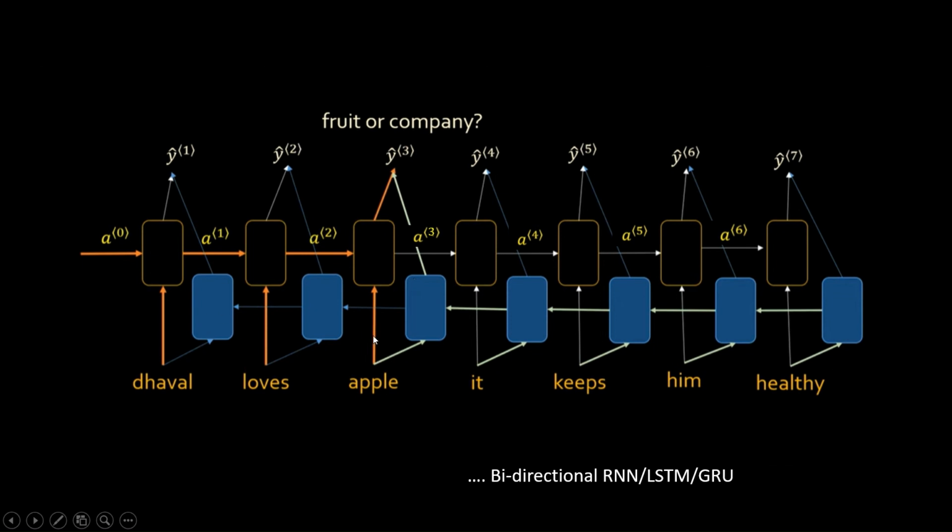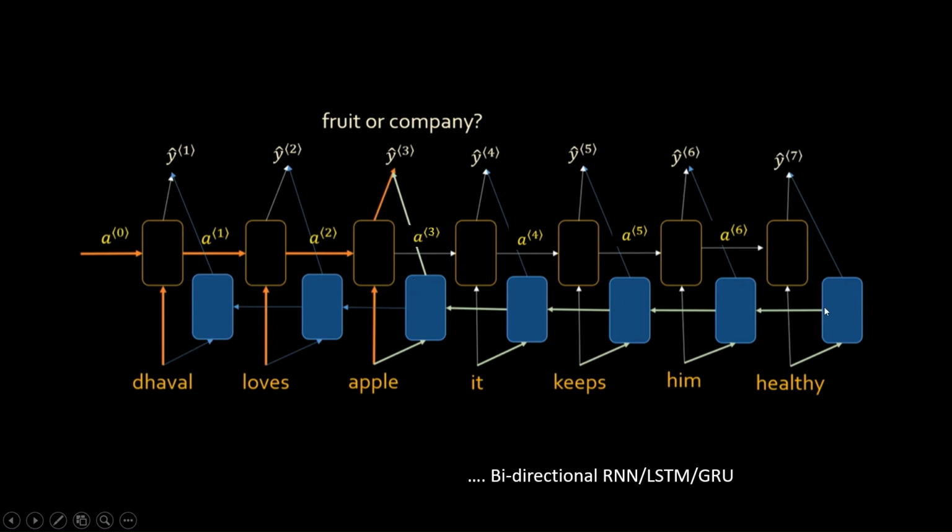So with this additional recurrent layer, which is coming from right to left, apart from calculating y3 hat, the outcome for apple, it is not only considering the previous words Dhaval and loves through the activation functions A1 and A2, it is also considering the activation functions from the future words, the words which come after the word apple also.